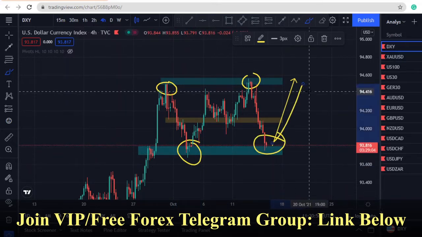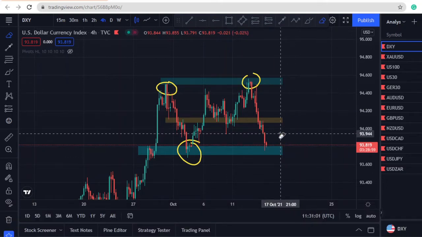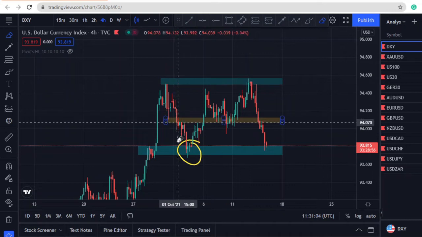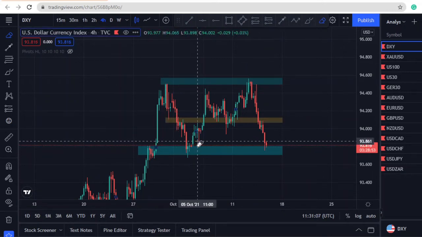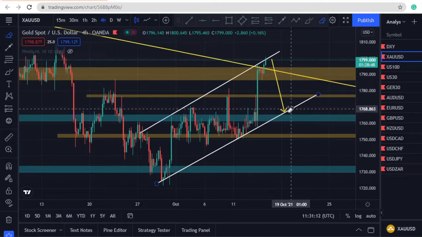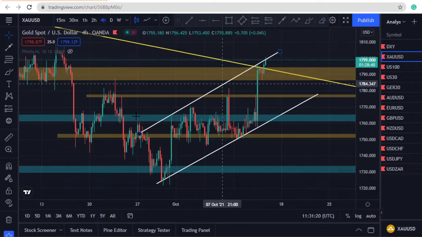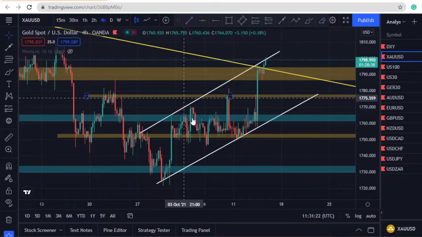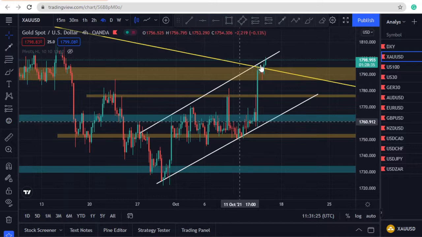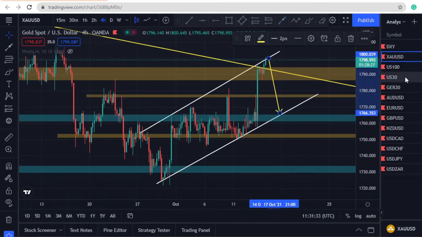Then we are going to see the dollar becoming strong, and we are looking at DXY starting to buy strongly. So what is going to happen? XAUUSD is going to sell, and even with the technical analysis, you can see that we are actually on the zone, and even at this bullish movement that gold was obeying, we are still at a resistance, and therefore I'm anticipating that I'm going to see sells.